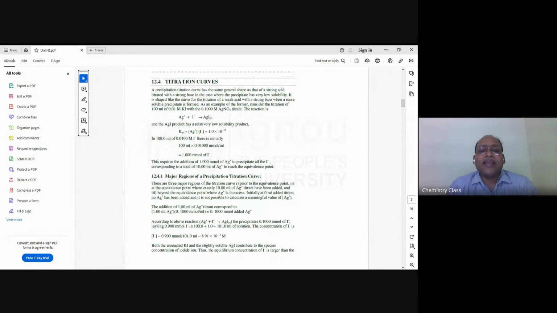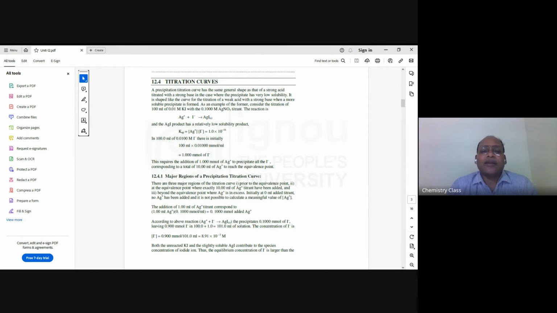The AgI product has a relatively low solubility product, so precipitation will occur. The Ksp is equal to the concentration of Ag+ times the concentration of I-, which is 1.0 × 10^-16. This is the calculated value.